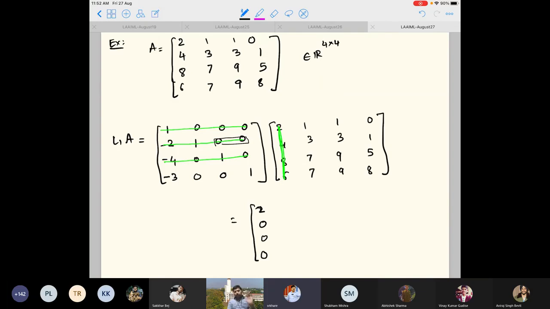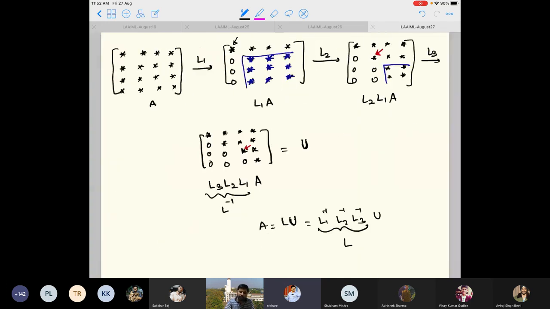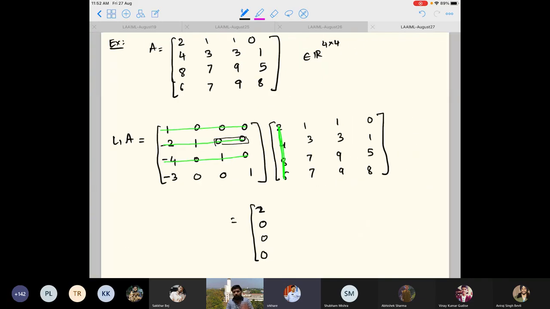So by having this particular matrix L1, what I have achieved is that this entry is unchanged, and I have been able to introduce 3 zeros here. Just these 3 zeros are introduced here. Now you continue with this matrix vector multiplication, and you will realize that I actually do not change the first row of this matrix, because I am multiplying by E1 transpose anyway. You look at this particular vector, this is E1 transpose, right?